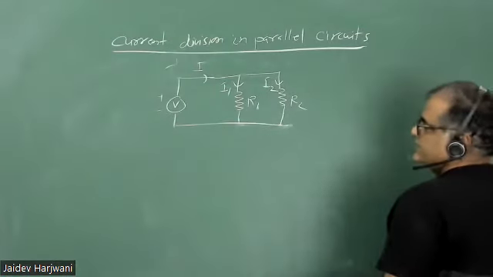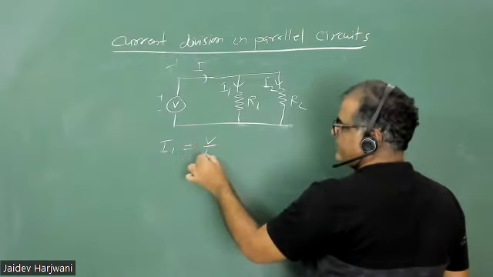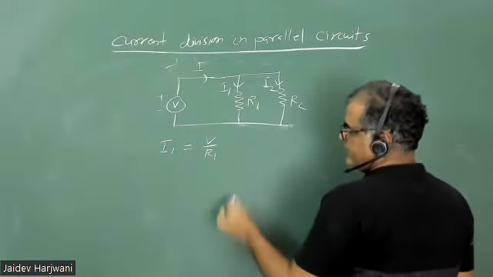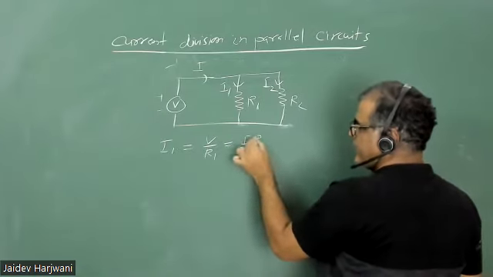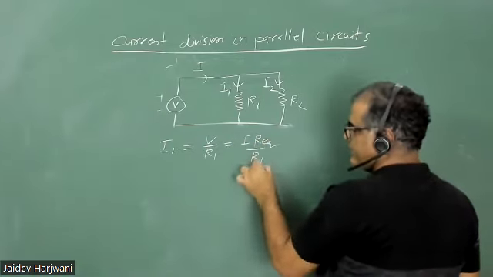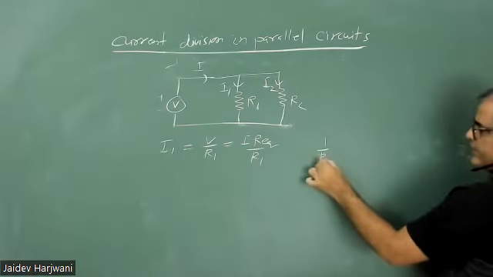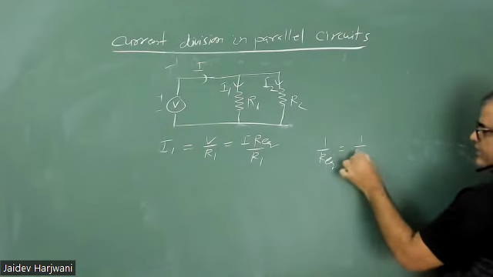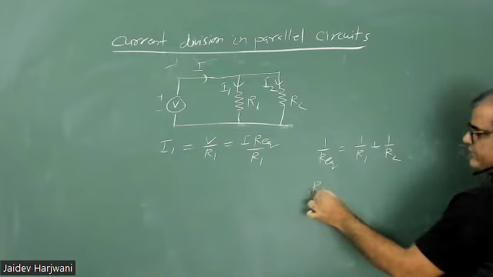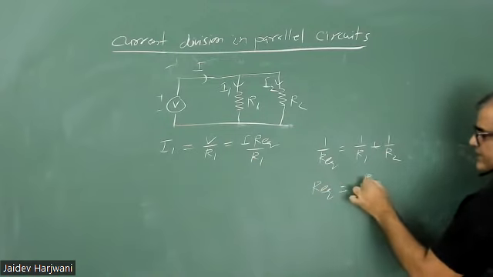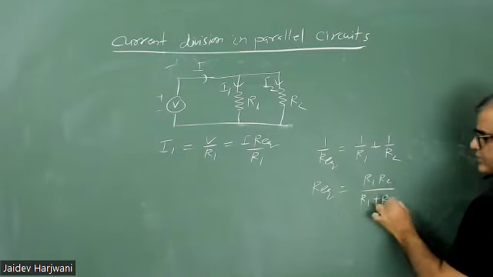Again, if I want I1, that will be V upon R1. And V is again total current I into R equivalent, upon R1. And what is the R equivalent value? 1 upon R equivalent equals 1 upon R1 plus 1 upon R2, so that gives R equivalent as R1 R2 upon R1 plus R2.